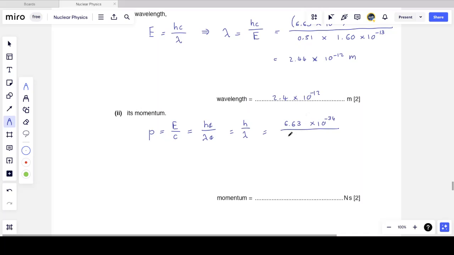I know the wavelength, I've calculated it. 2.44 times 10 to the minus 12. And what I get is 2.72 times 10 to the minus 22 Newton seconds. So again, it's not a very significant momentum, but it's not zero. And so this gamma ray photon has a momentum of 2.7 times 10 to the minus 22 Newton seconds.